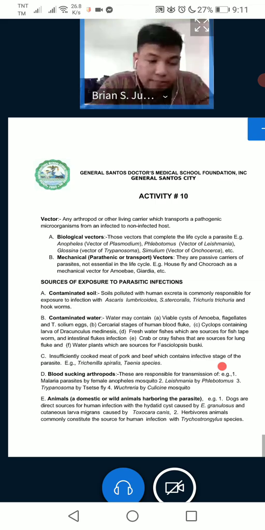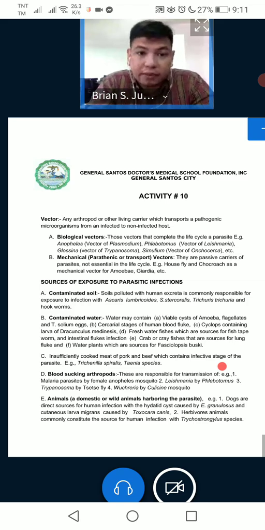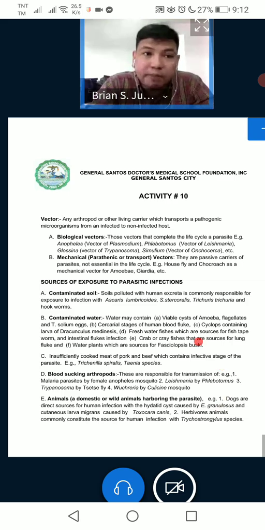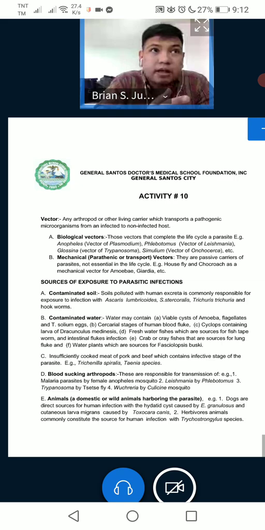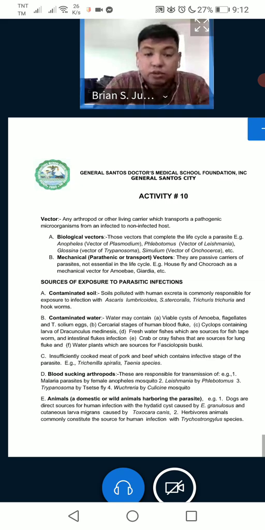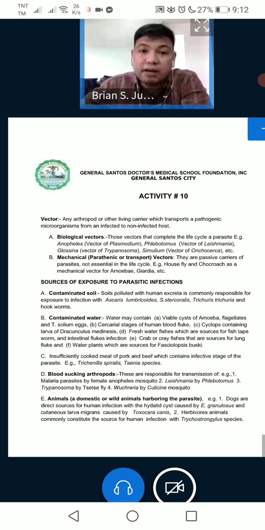There are two types of vectors: biological and mechanical. Biological vectors are vectors that complete the life cycle of the parasite. In other words, para siyang intermediate host, di ba? In an intermediate host, nagkakaroon ng morphologic changes from immature, nagiging mature, hanggang papunta siya sa definitive host.